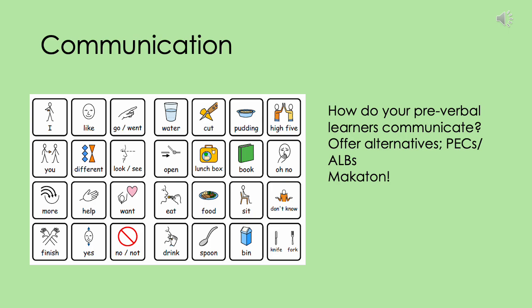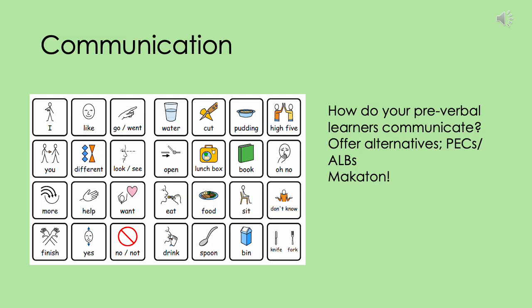Imagine how frustrating it must be not to be able to communicate, and consequently how many behaviours that challenge you see because of that. So thinking about a total communication environment, what have you got out and about in your foundation stage that helps those children communicate? Are you offering alternatives? It might be something like a picture exchange communication system.